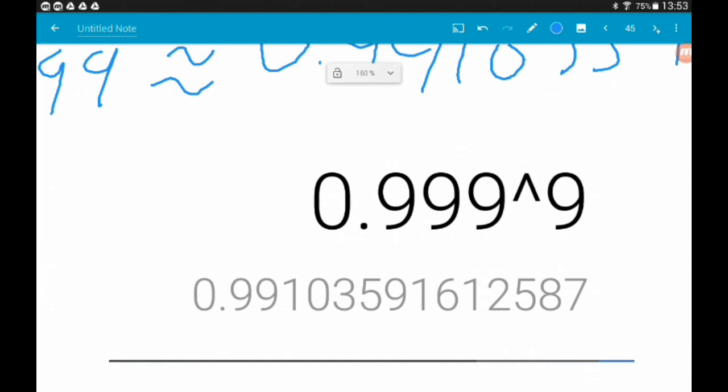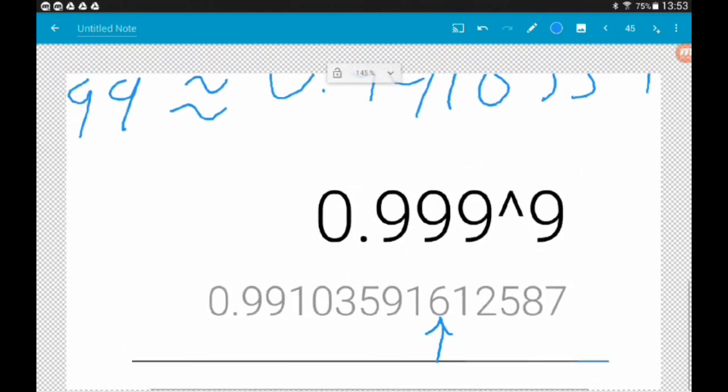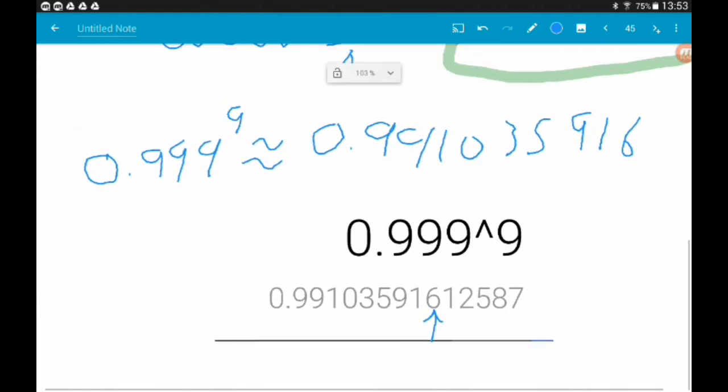So we get 0.9910359116 on a calculator as well. So it's accurate up to that decimal place. Now, one reason that might be more accurate is that we've got a much smaller decimal value for x. So that's going to home in a lot more accurately.